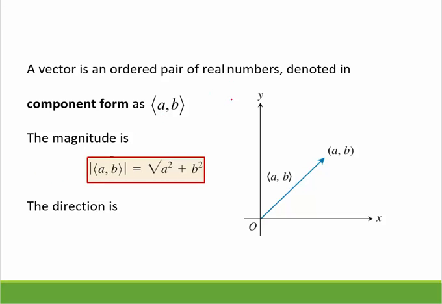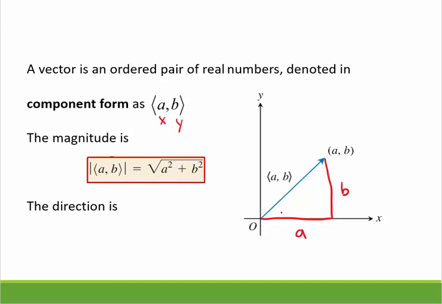Okay, so just as a reminder of vectors. A vector is an ordered pair of real numbers denoted in component form as ⟨a, b⟩, where a is typically the x direction and b is the y direction. So this is our a, and that's our b. The magnitude or length of the vector is the square root of a squared plus b squared, from the Pythagorean theorem.